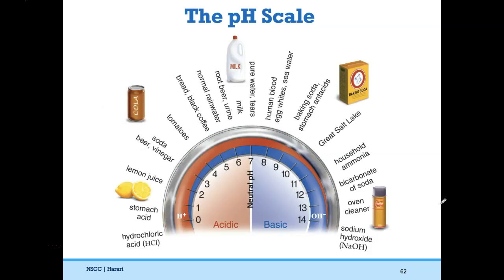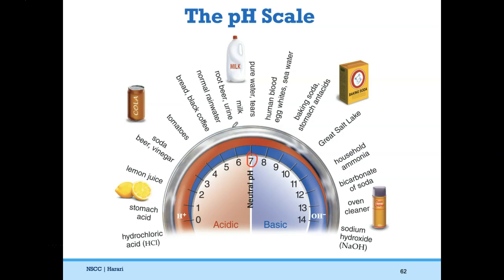So this is a very informative little picture that shows the pH scale. And here at pure water and tears, we have a neutral pH of 7. So there's equal red, which is H plus, and equal OH minus, which is in blue.